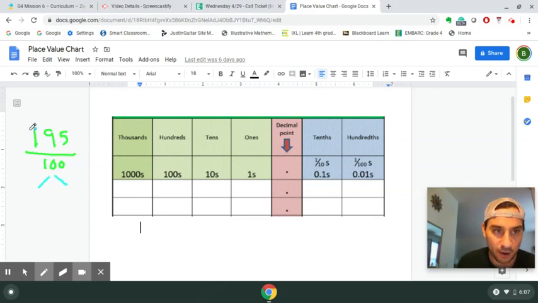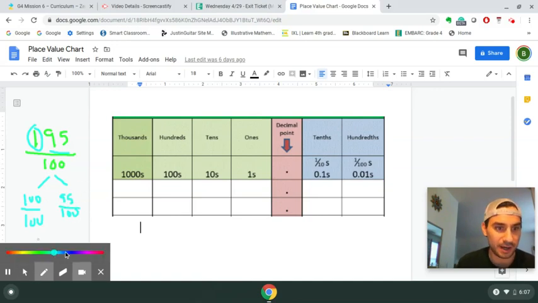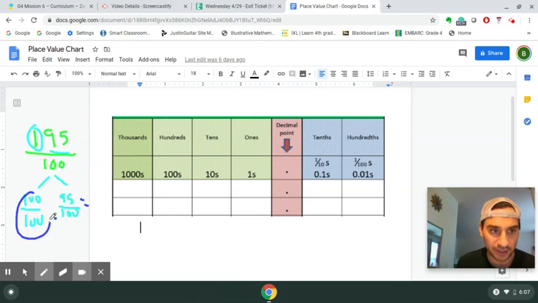I'm going to pull out 100, my 1 in my hundredths place, so that's 100 hundredths. And then I'm left with 95 hundredths. And then I can just create a mixed number with these. My 100 hundredths, that's one whole. Remember the same number in our numerator and denominator. And then I have 95 hundredths on the side.